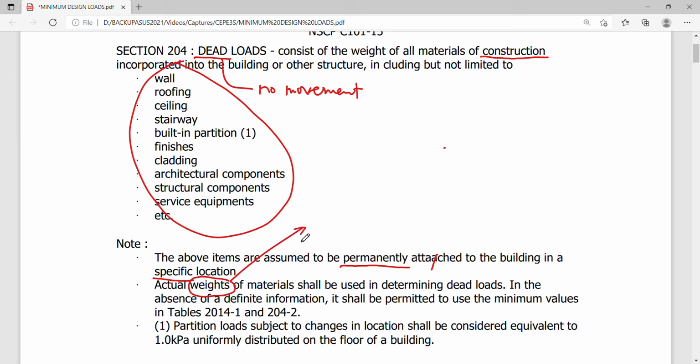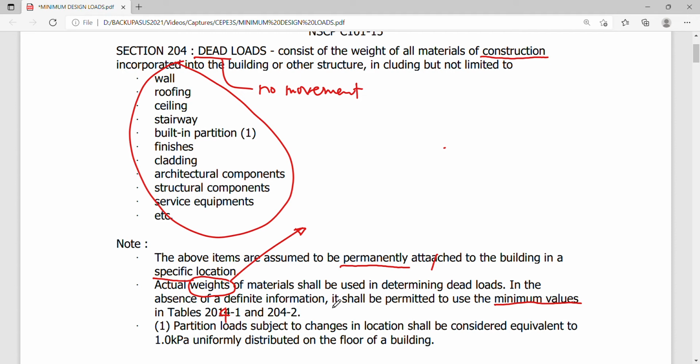But since sometimes we cannot just get the value of that weight, and in terms of exactness, we may refer to some tables provided by the code to use as minimum values in the absence of this information. Okay, so it shall be permitted to use a minimum value presented on tables 204-1. Okay, so this is 204-1 and 204-2.